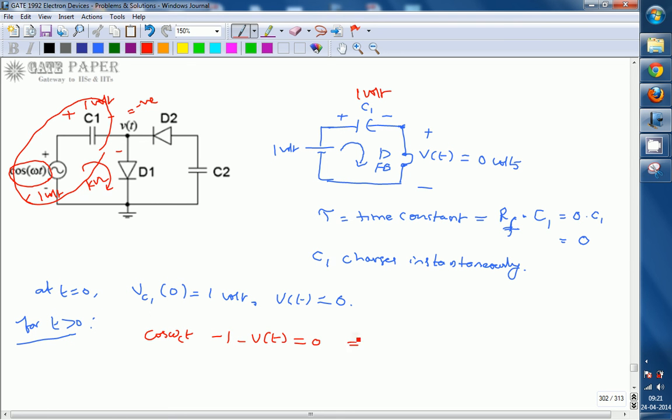So from this we can write v of t is equal to cos omega ct minus 1. This is the voltage for t greater than 0. Only for the first instant itself it is 0, and for all other cases the value is going to be v of t is equal to cos omega ct minus 1.